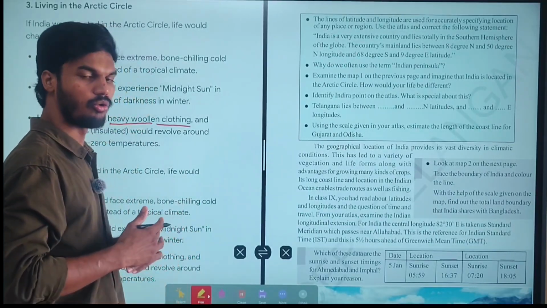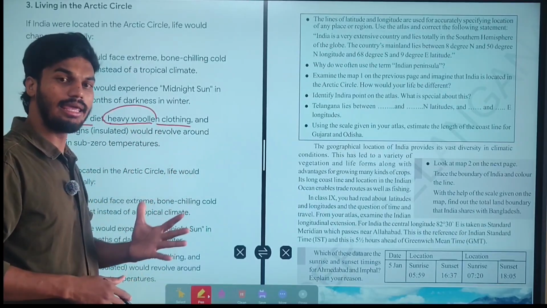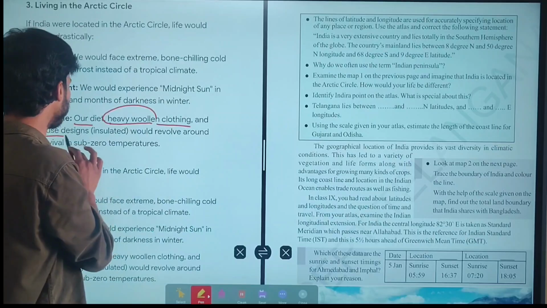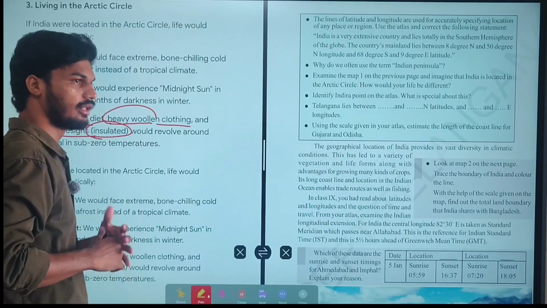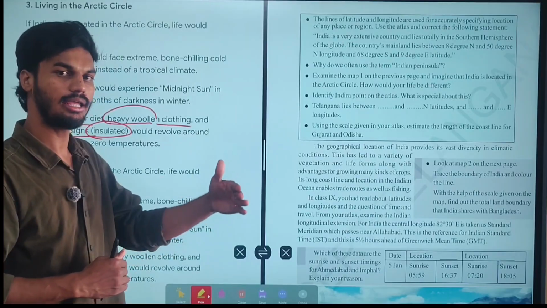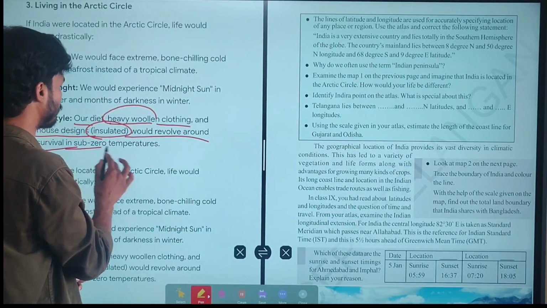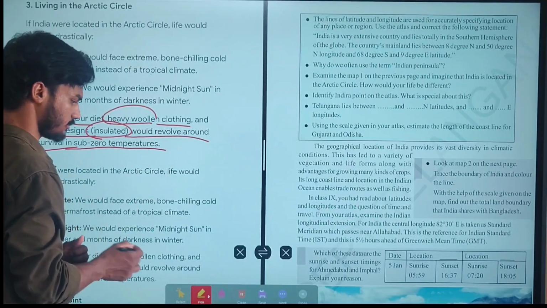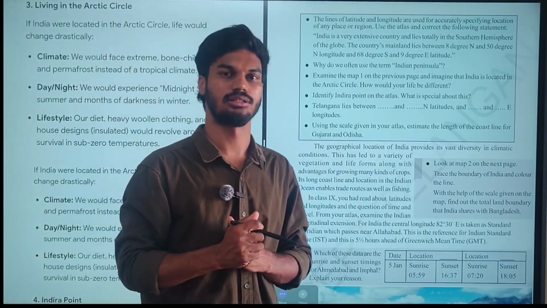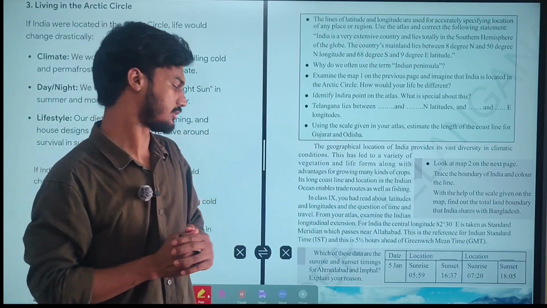Simply, you have to wear heavy woolen clothing which will protect against extreme cold, and we have to build insulated houses which avoid the high cooling effects. Life would revolve around survival in sub-zero temperatures. So it is very difficult to live in Arctic regions because they are extremely cold.